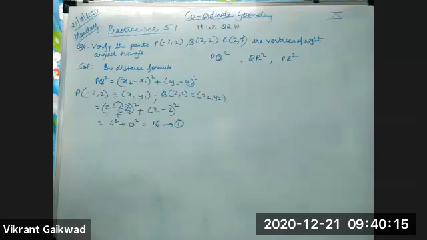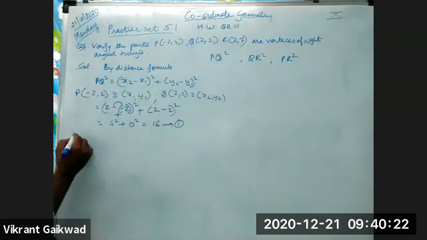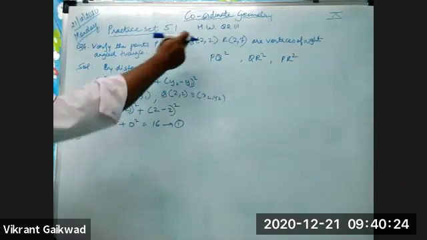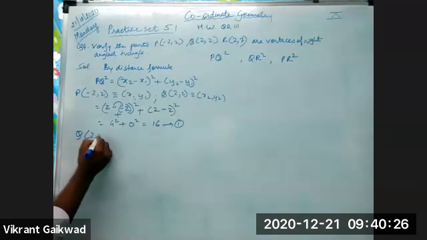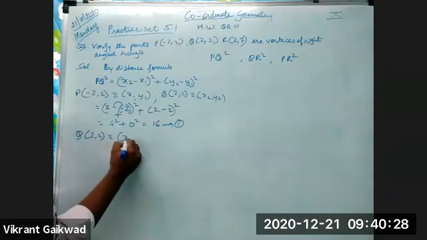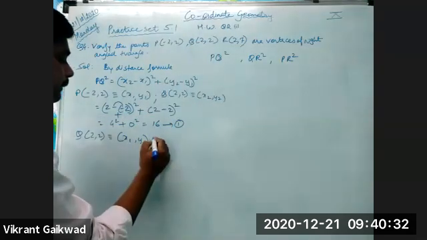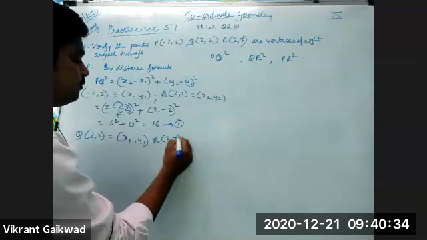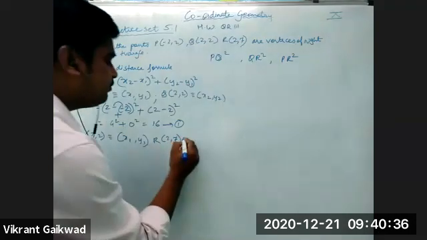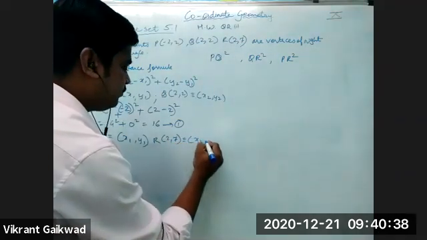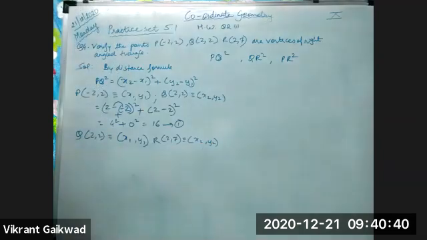Next what we'll do is we'll find the next side, that is QR. So for coordinates of Q 2 comma 2, we'll make that equivalent to x1 y1, and R, 2 comma 7, we'll make that as equivalent to x2 y2.